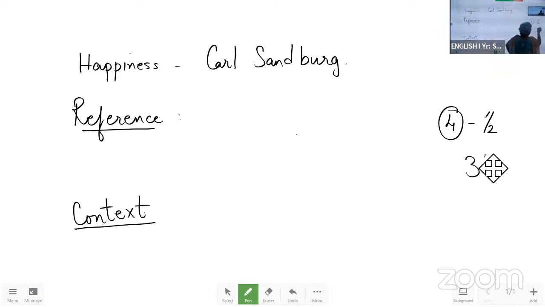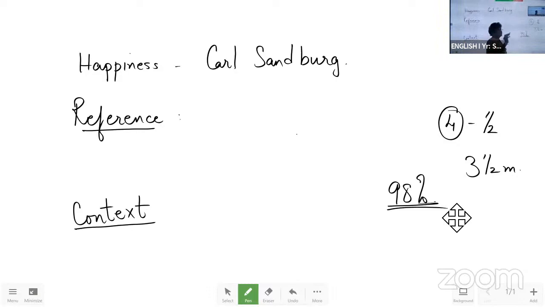So actually, you are supposed to get 3.5 marks for any answer or annotation, any descriptive work. Yet there are many students who have got 98 marks. 98%. Because section A carries 40 marks, 10 questions.